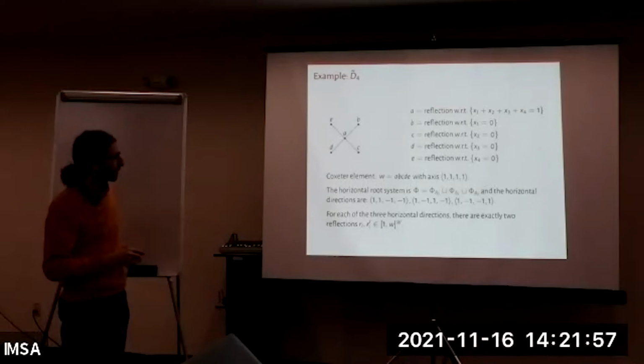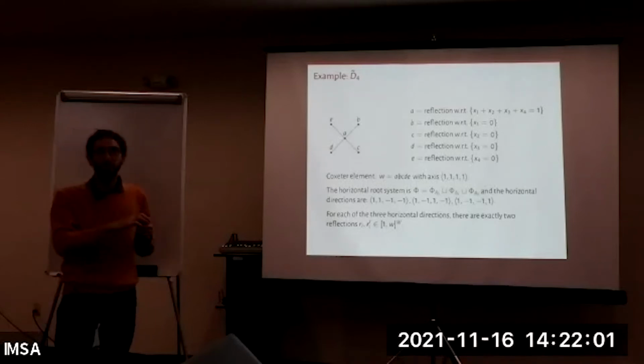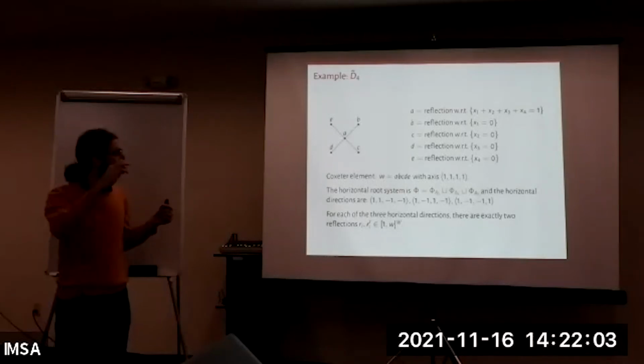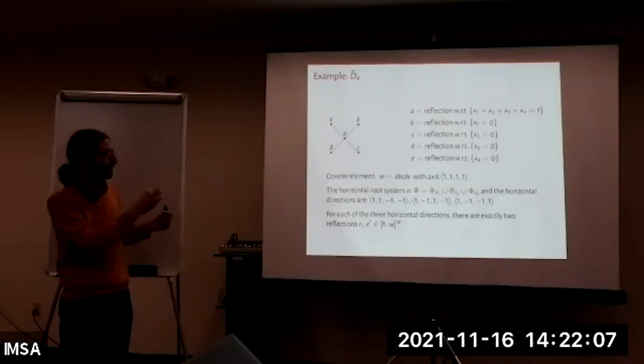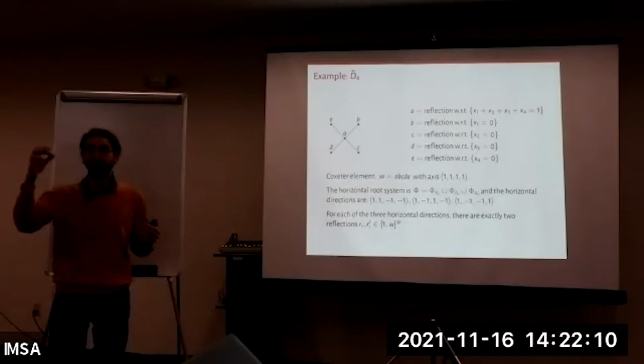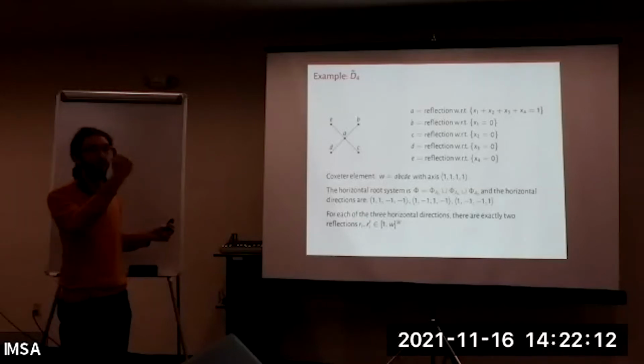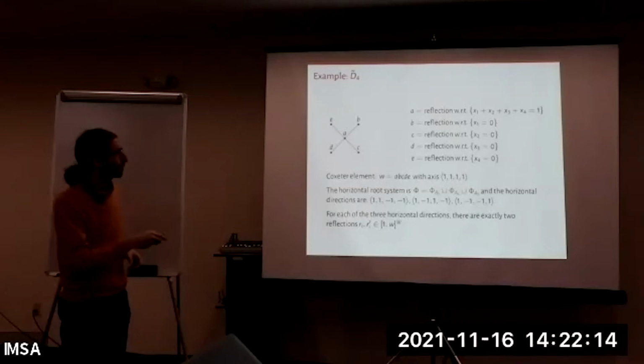And if you take the product ABCD, this is going to be a glide reflection, or higher dimensional generalization of a glide reflection, with an axis which is orthogonal to this hyperplane.